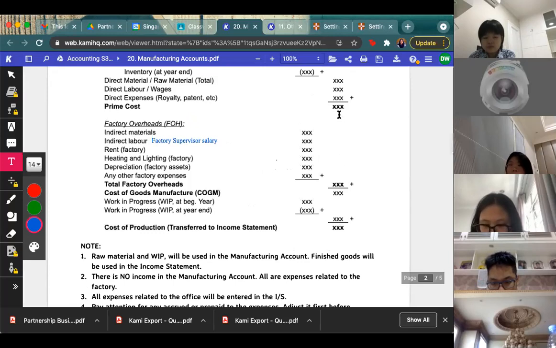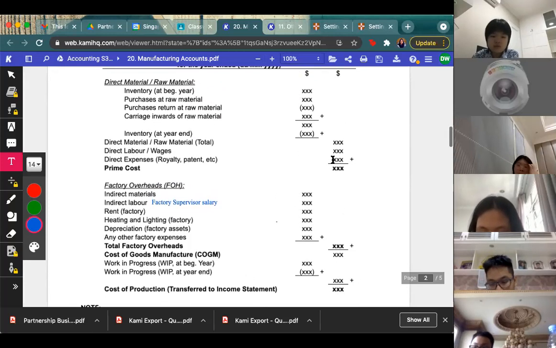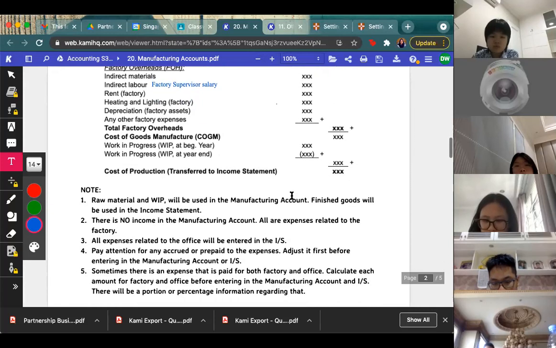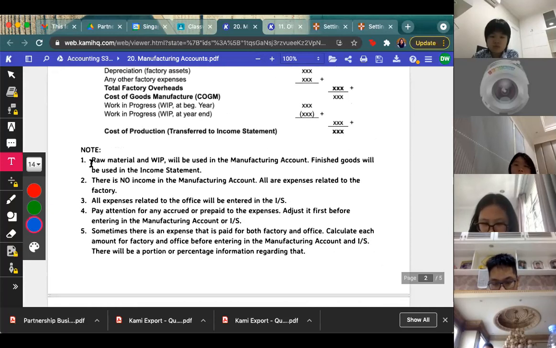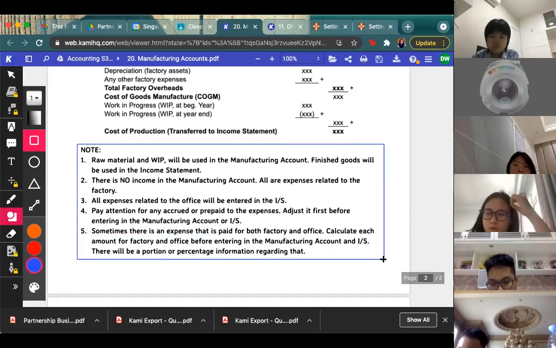So you have to add all of them. This is not calculating income minus expenses. So nothing is deducted except purchases returned and inventory at the end. The others are added. These are the notes that you have to pay attention to. Raw material and work in progress will be used in the manufacturing account. Meanwhile, finished goods is in the income statement.